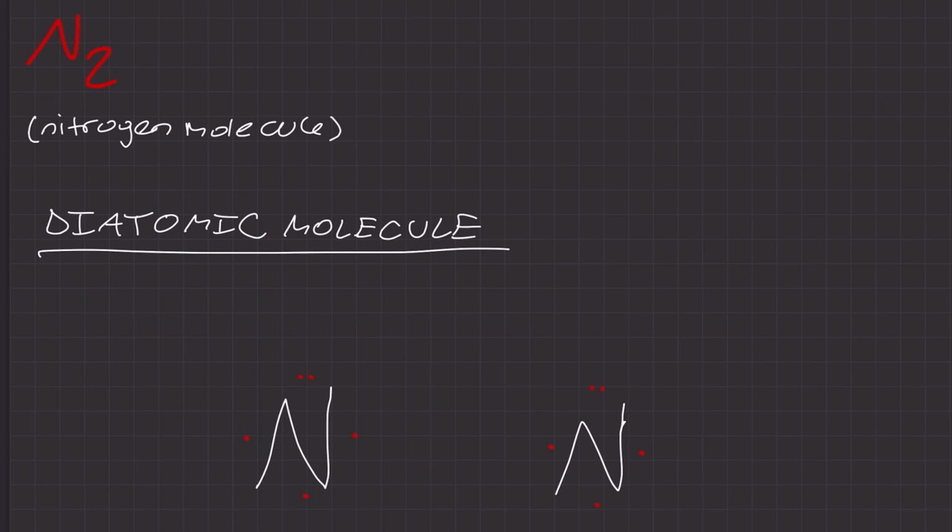Now, something that is important to know when you're drawing Lewis structures is bonds do not just have to be atom-to-atom single bonds. There can be double bonds, and there can even be triple bonds. Nitrogen, for example, has a triple bond because in order to fix the issue of having 3 unbonded electrons, we need to bond them all to one another quickly and simultaneously.